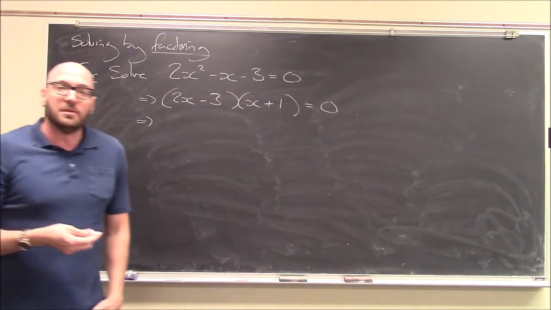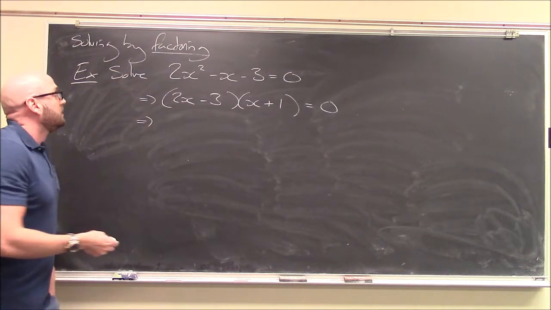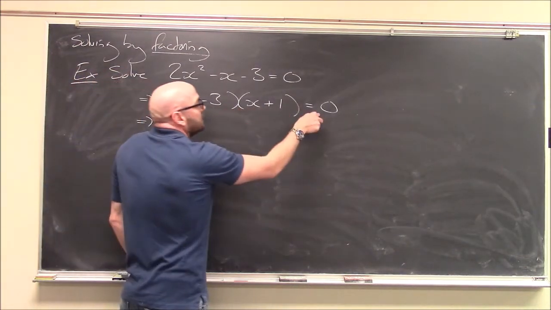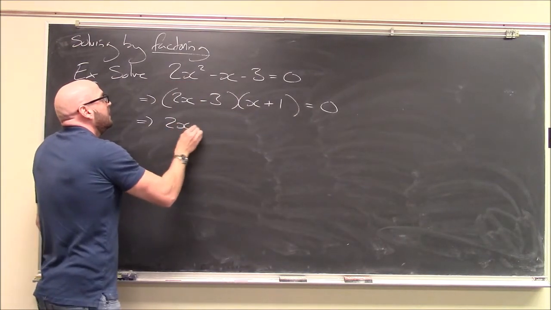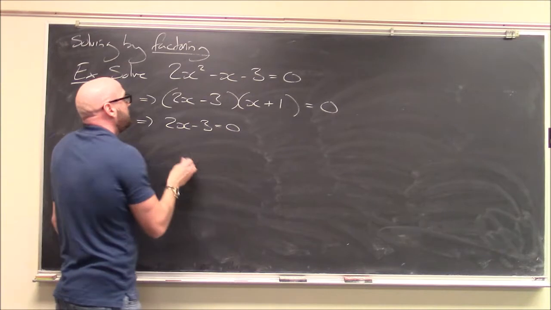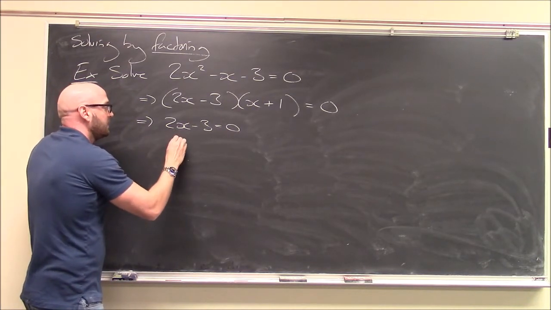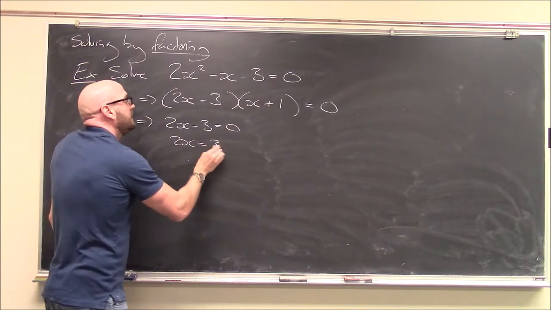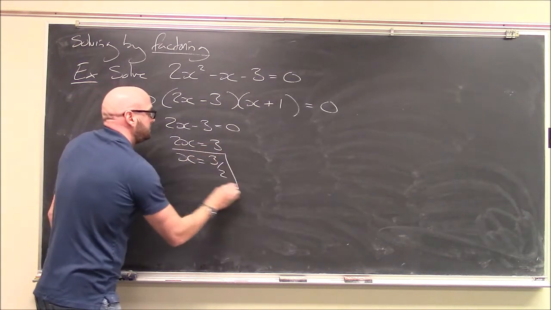Once you've factored your quadratic equation, you have the solution staring you in the face. I've got two numbers multiplying together to give 0. So either 2x minus 3 is 0, which means 2x is equal to 3, so x is 3 halves.